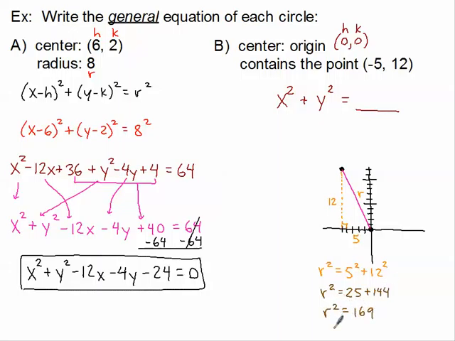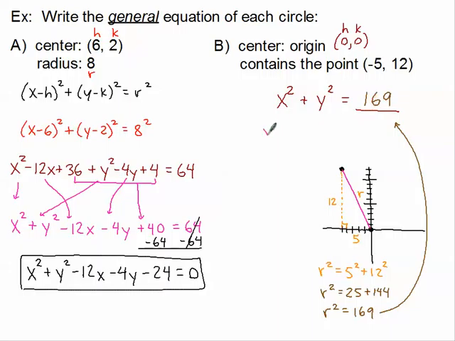I do not need to actually figure out what r is, because remember, in my equation is where r squared goes. So 169 is going to go right there. Remember my direction. I do not want my circle in standard form, although it's important to get it to that. I want my equation to be in general form. So it's really just one more step.